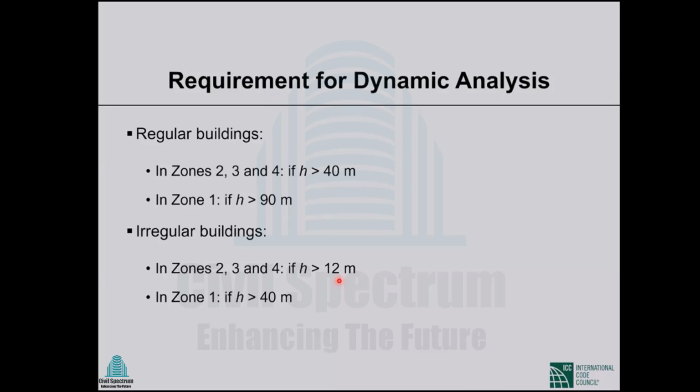And the architect has designed a parking floor in the ground story. Then that makes it a soft story. So there is a vertical irregularity, and the building is 6-storied or 7-storied. This is an irregular building of more than 12 meters height. So you have to use dynamic analysis. You can no more just resort to the equivalent static load method.